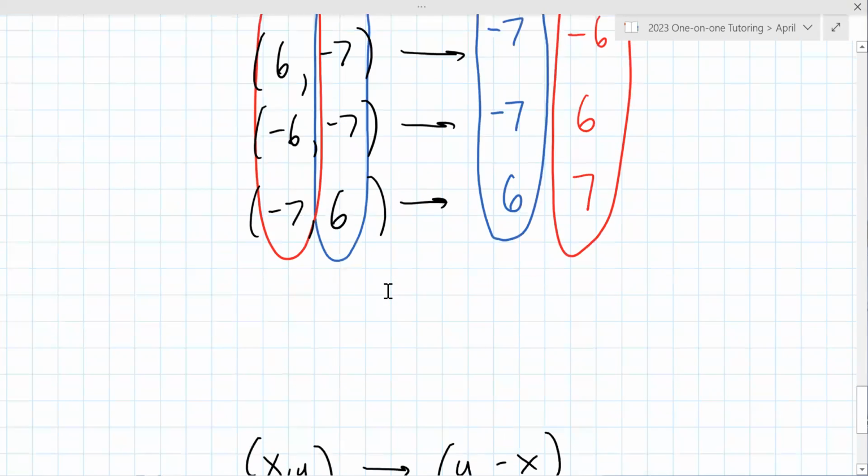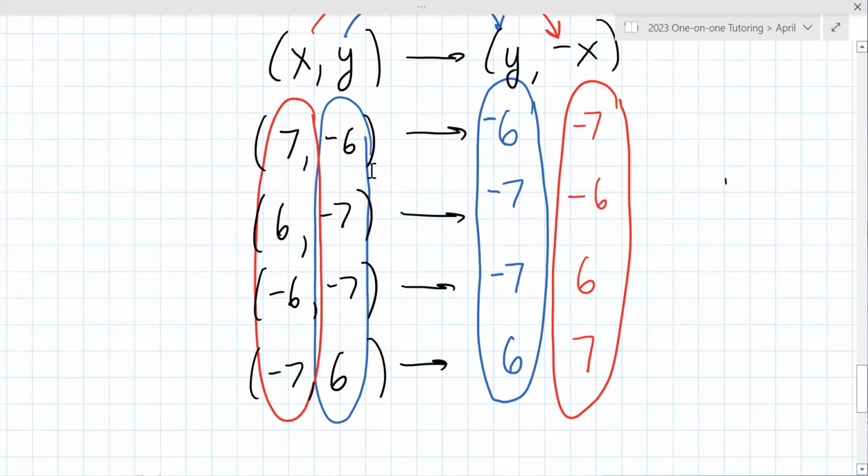Let's go back and look at the previous problem. Look at the blue here. What do you notice about the blue on the left and the blue on the right? They're the same, aren't they? Isn't it -6 and -6?